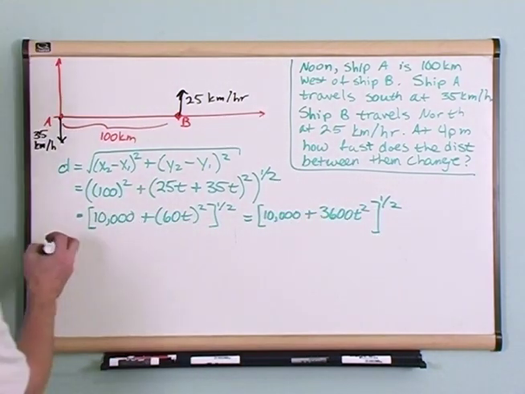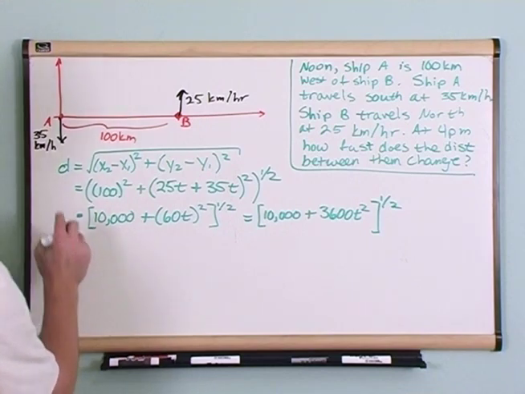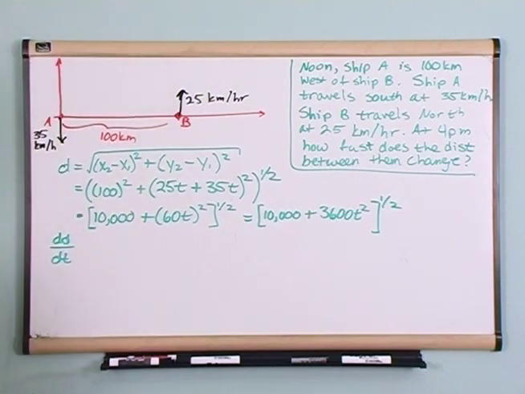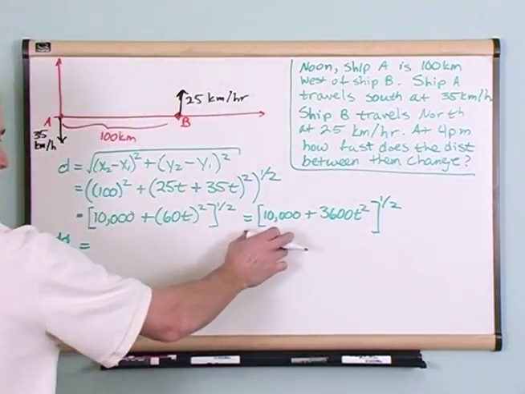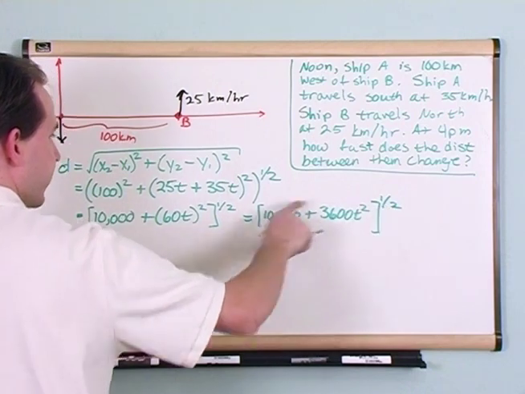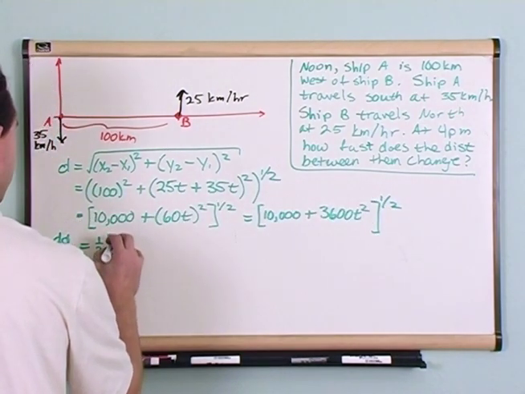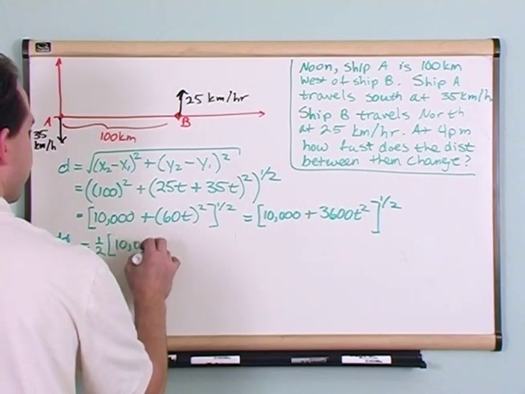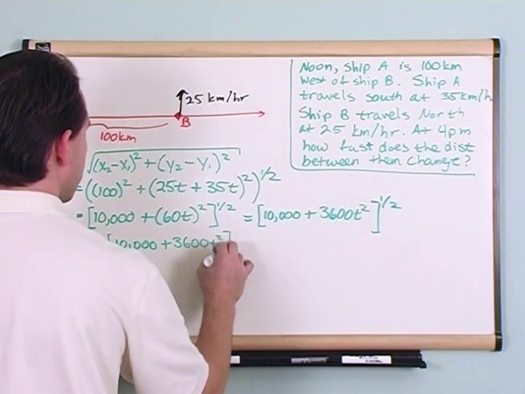Now I'm finally ready to take the derivative. dD/dt, how fast this distance is changing with respect to time, is equal to the derivative of this with respect to time. Again, I'm going to use that chain rule. So the 1/2 comes out, the inside stays the same, 10,000 plus 3,600 t squared.